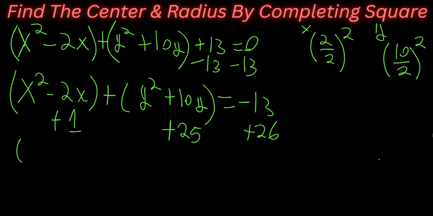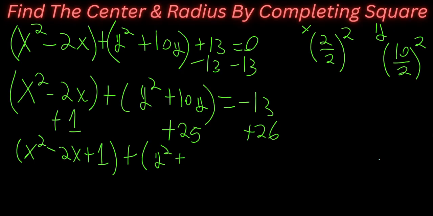Okay, so now we have a perfect square trinomial of x squared minus 2x plus 1 plus y squared plus 10y plus 25 equals positive 13.